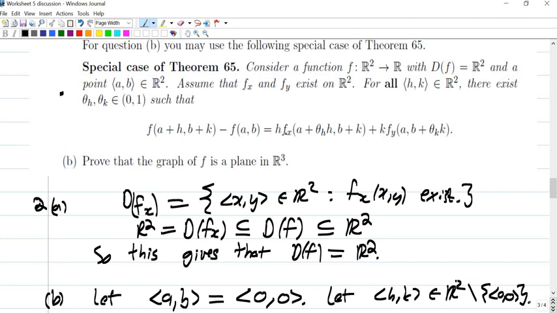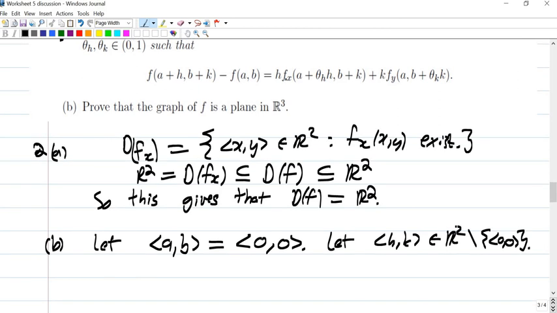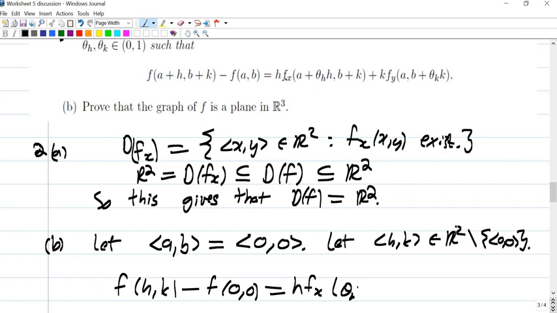Right. So if we apply this theorem, we get that f of (h, k) minus f of (0, 0) is equal to h times f partial x at the point (theta h, theta k) plus k times f partial y at (theta h, theta k).